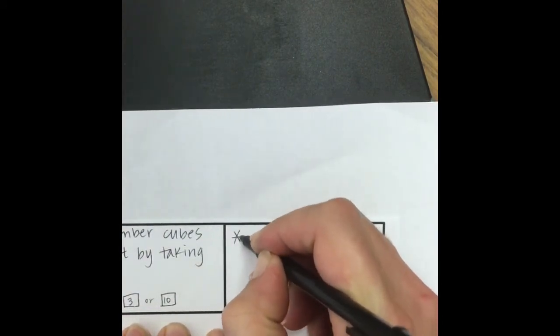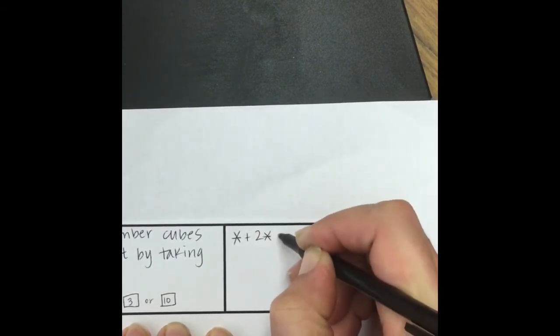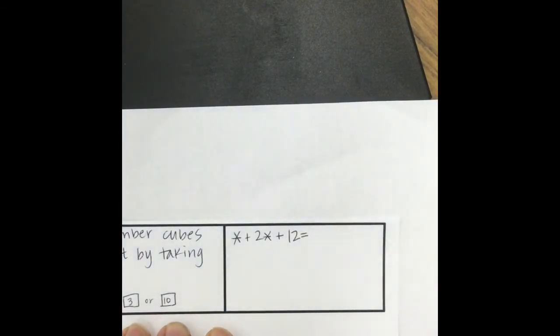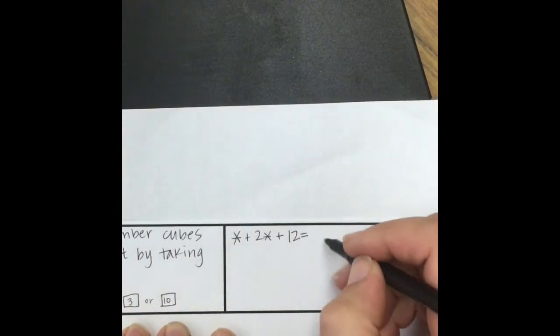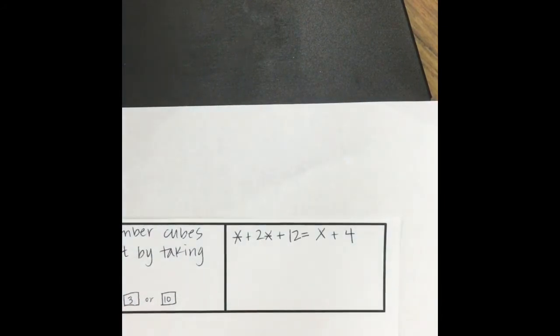The example we're going to use for that is one from our quiz and our work we did yesterday if you were in class. Star plus 2 star plus 12 equals x plus 4.